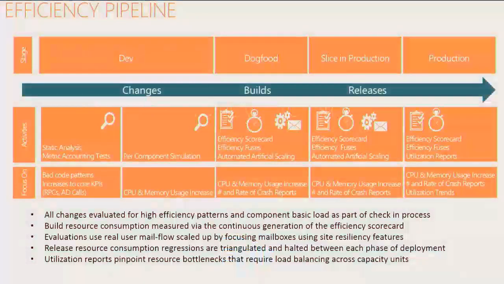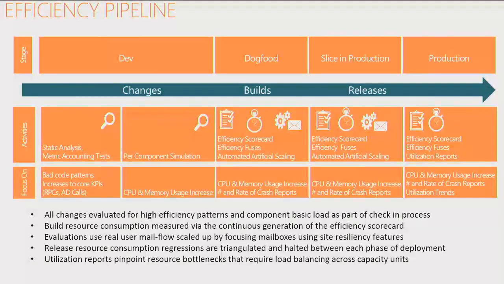So the efficiency pipeline is a set of stages that changes move through as they go into builds, and then builds are validated as they go into releases. There's 4 main stages. There's a dev stage, and then there's kind of this dogfood slice in production. An important difference between these two is that this is all done, for the most part, on the dev's desktop.